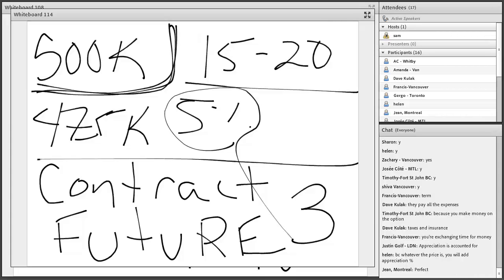Right? Because there's a future value in the contract, really for us, we're getting a discount, right? If it's a 3-year contract at 5%, say even, where does that put that property? Well, if we compound the retail value, the 500,000, let me just do that right now.